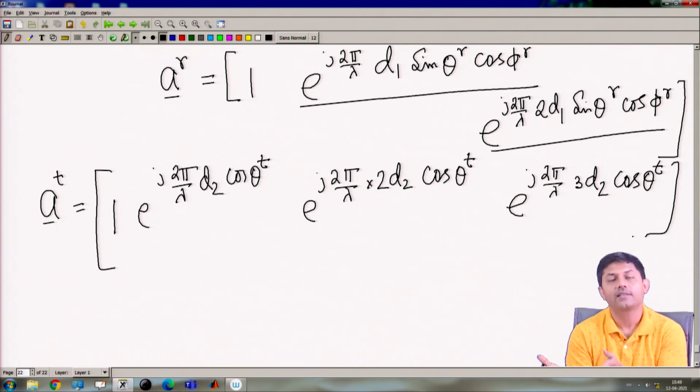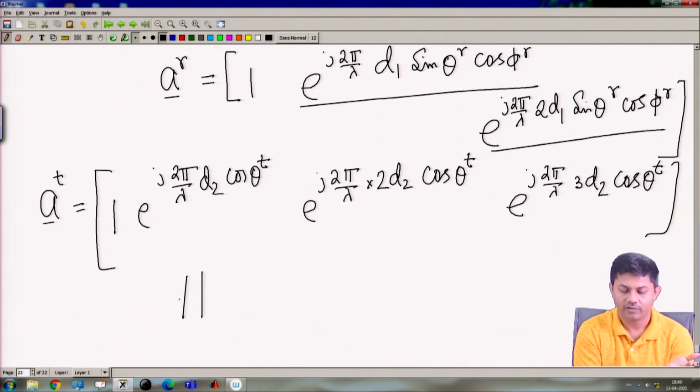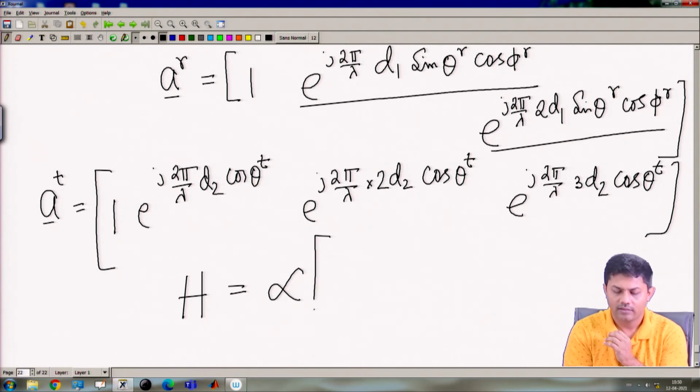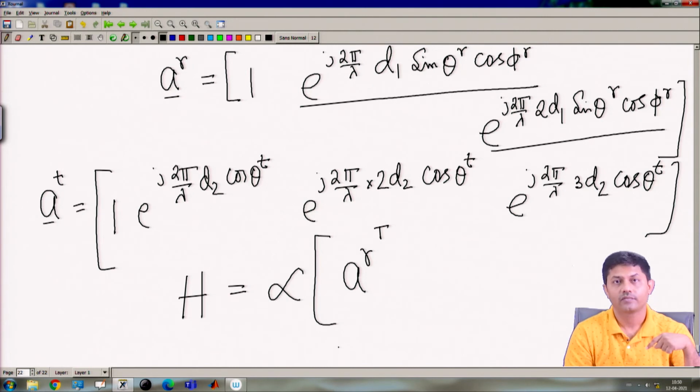Now, I got 2 vectors, multiply them, you get H. So, your H will be this alpha, let us assume I know it, but I have somehow estimated, and then this AR vector transpose multiplied by this AT vector.